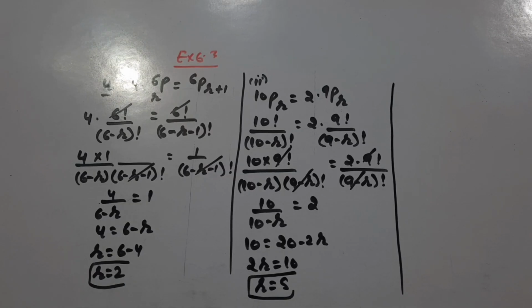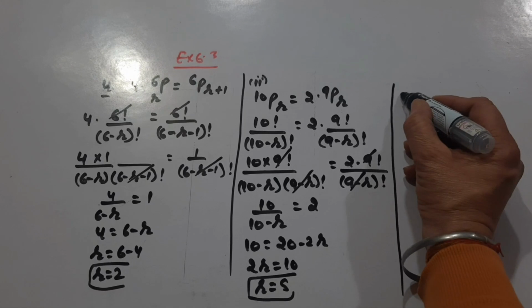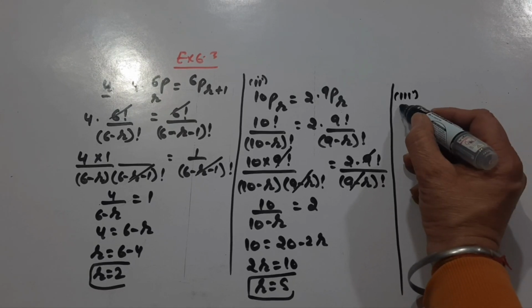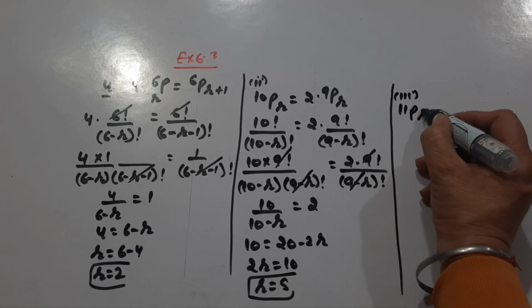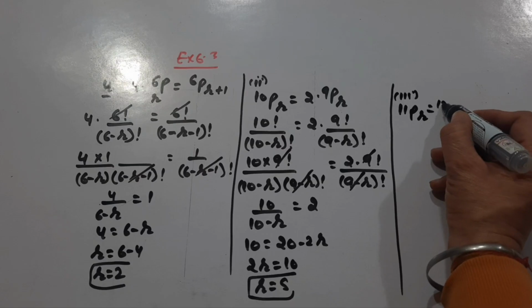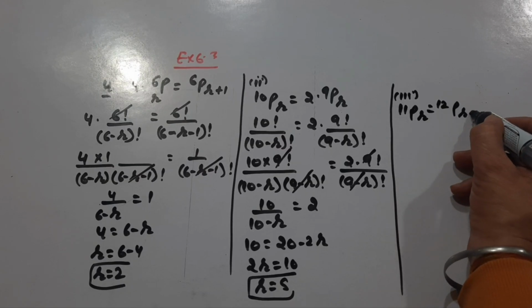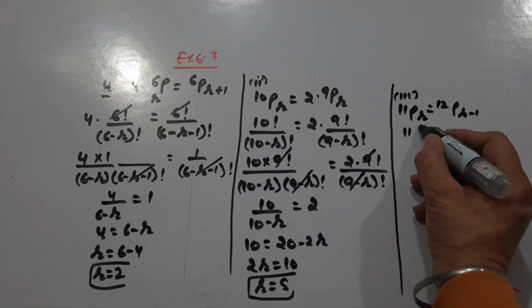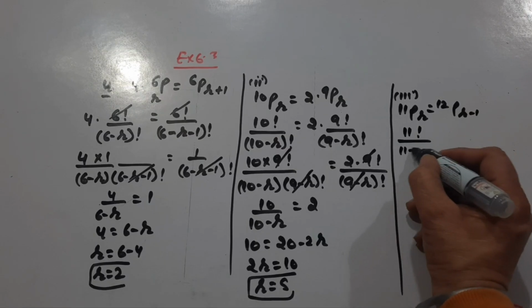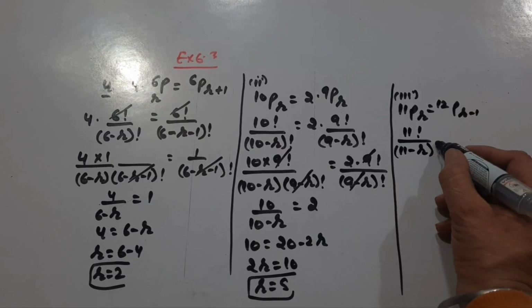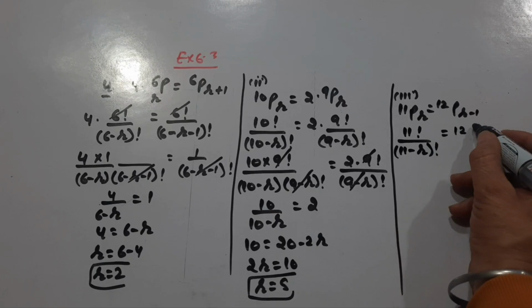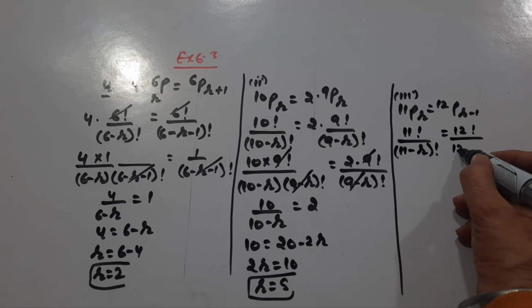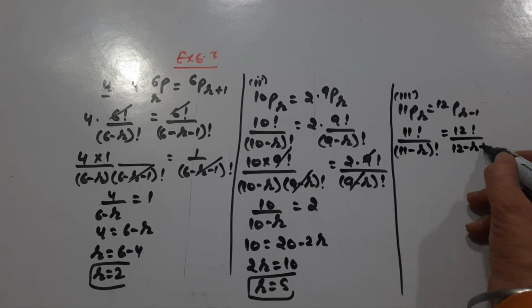Now the third part is 11Pr equal to 12P(r minus 1). Now we want to find the value of r. 11 factorial upon 11 minus r factorial is equal to 12 factorial upon 12 minus r plus 1 factorial.